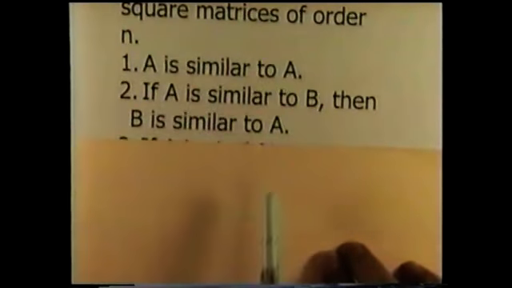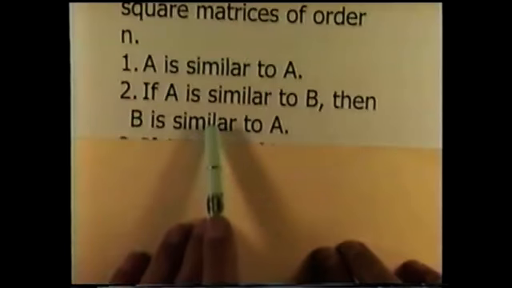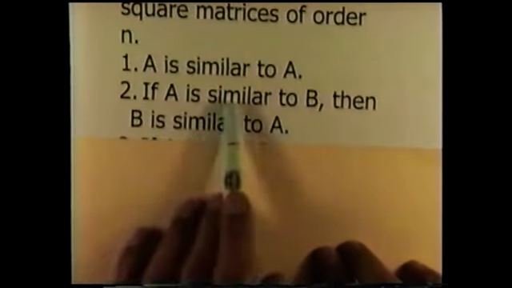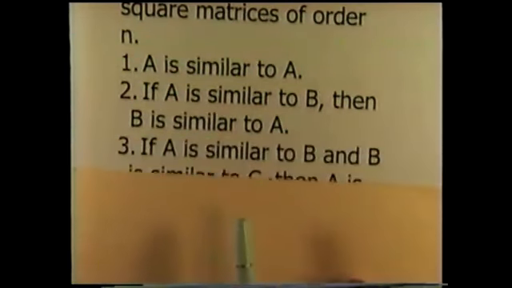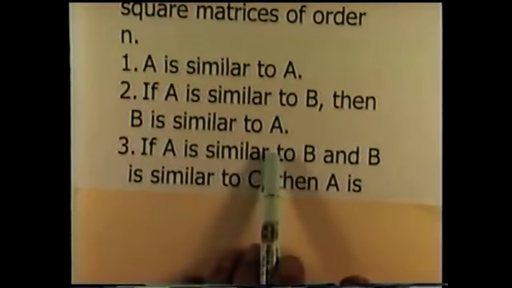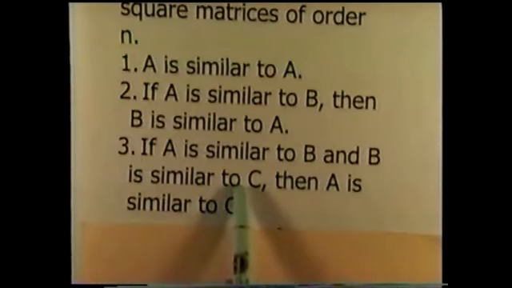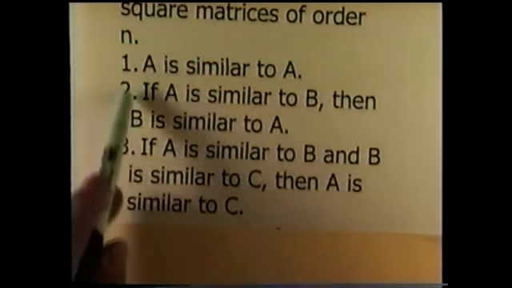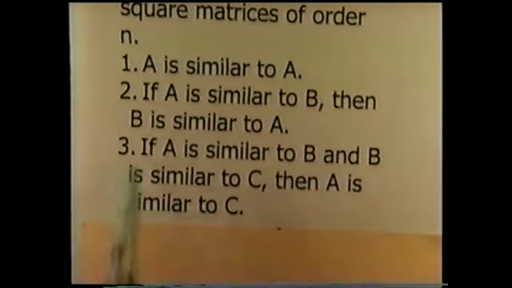A reflects back upon itself. This is the symmetric property. If A is similar to B, then B is similar to A. And we have the transitive property. If A is similar to B and B is similar to C, then A is similar to C. So reflexive, symmetric, transitive.